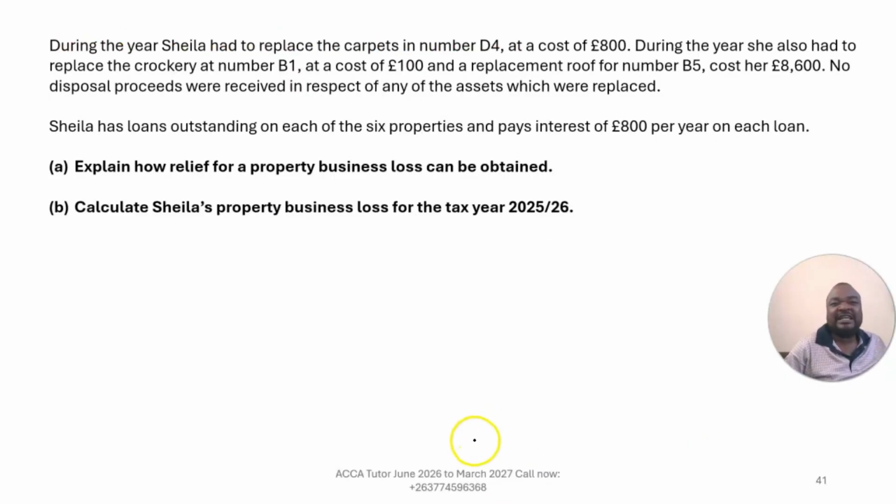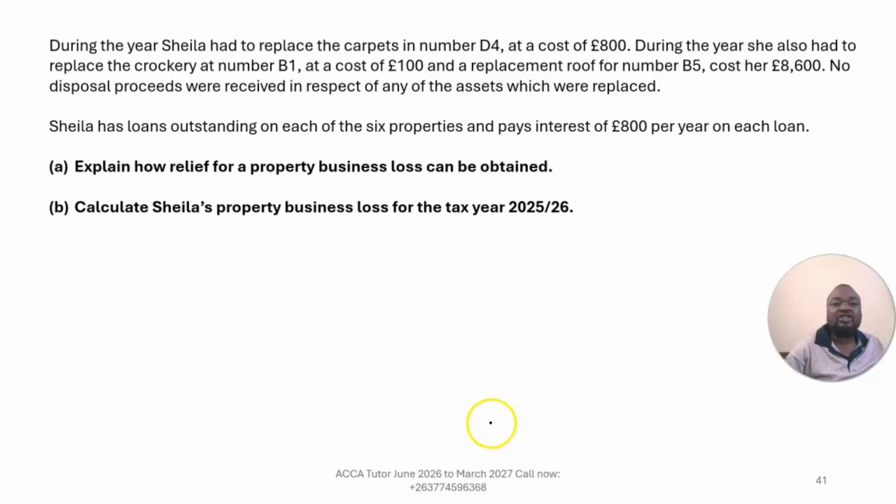During the year, Shayla had to replace the carpets in number D4 at a cost of £800. She also had to replace the crockery at number B1 at a cost of £100, and a replacement roof for number B5 cost her £8,600.